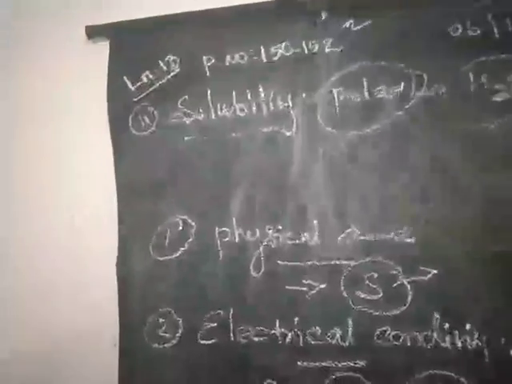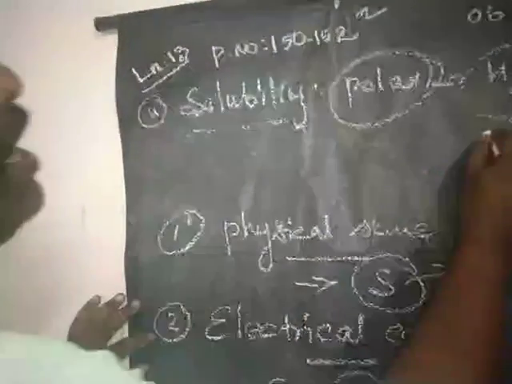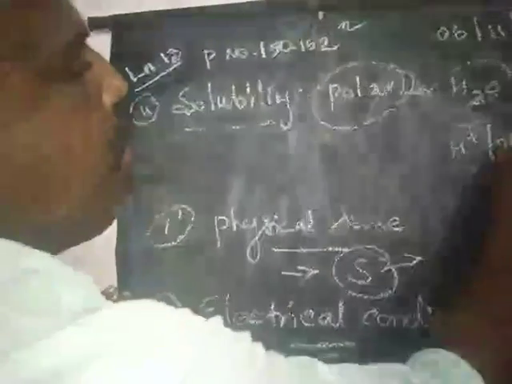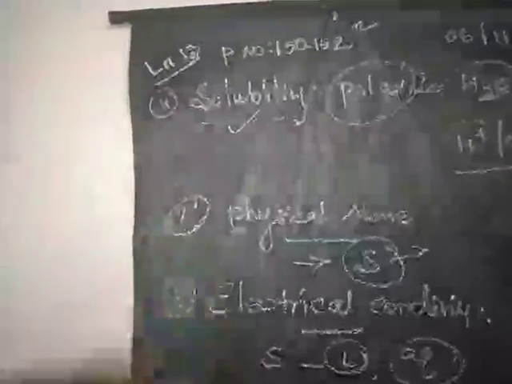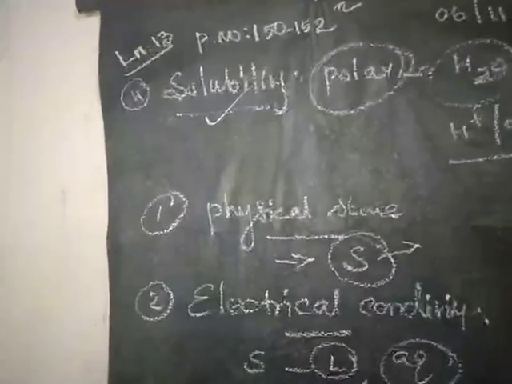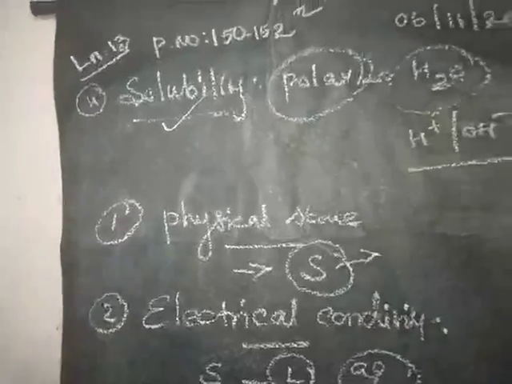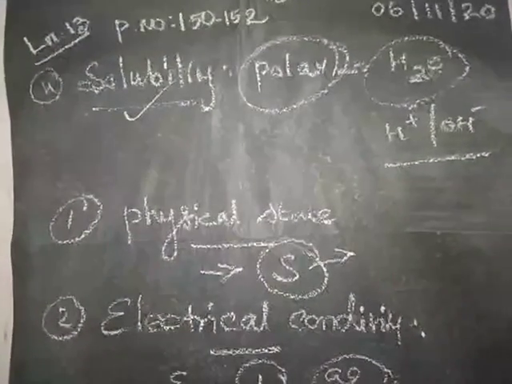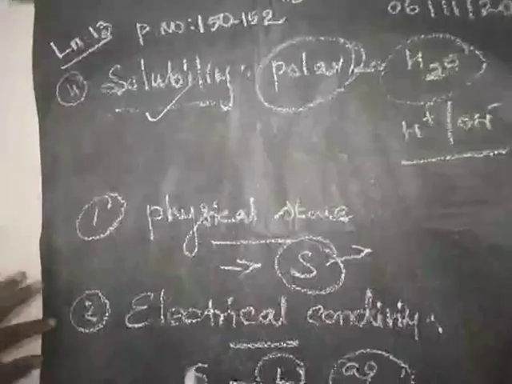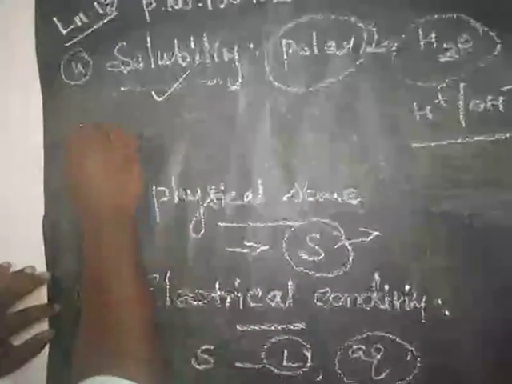Water is the best example of a polar solvent. Why? It may dissociate into H plus and OH minus ions. In the same way ionic compounds split into ions. So ionic compounds dissolve in polar solvents, but will not dissolve in non-polar solvents.